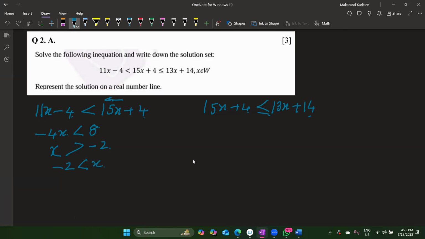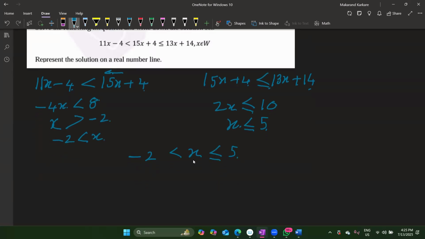If we look at this, this is going to be 2x is less than or equal to 14. Sorry, 10. 14 minus 4. And so x is less than or equal to 5. So if I look at the complete range, that's going to be minus 2 less than x less than or equal to 5.